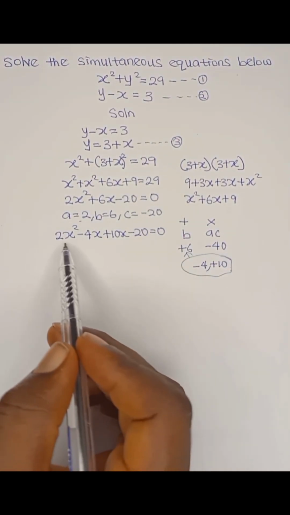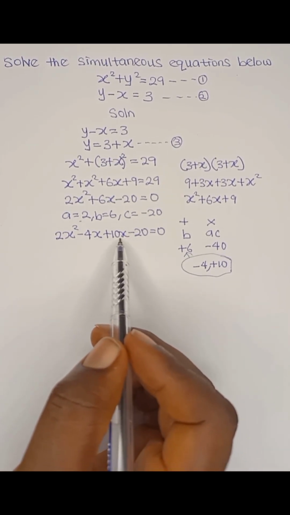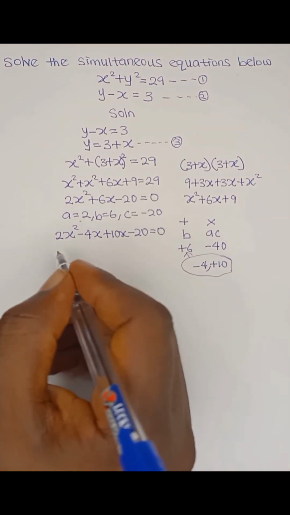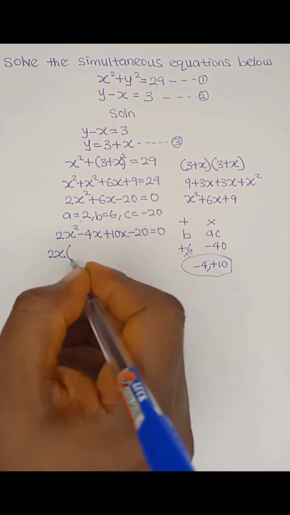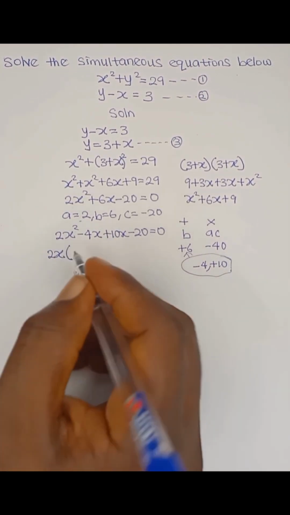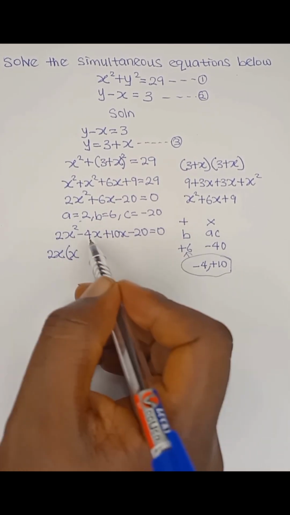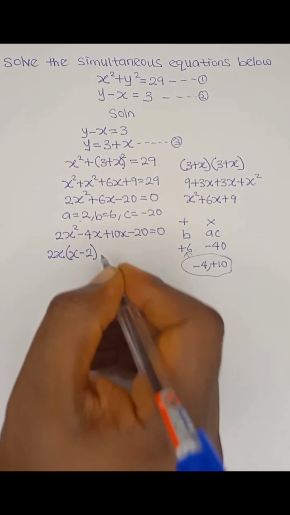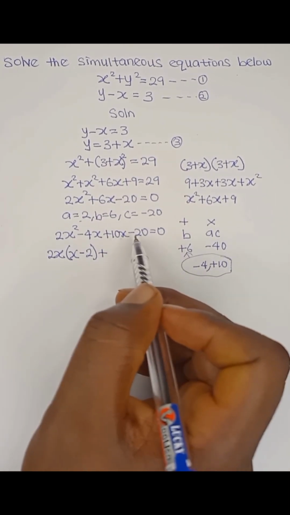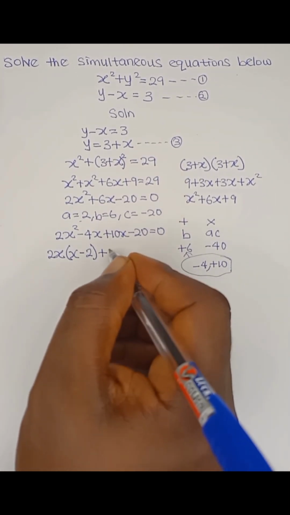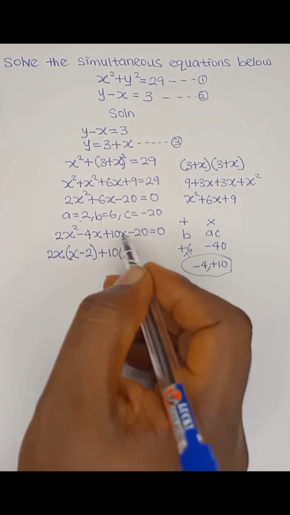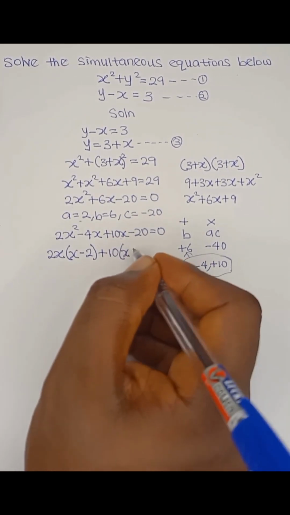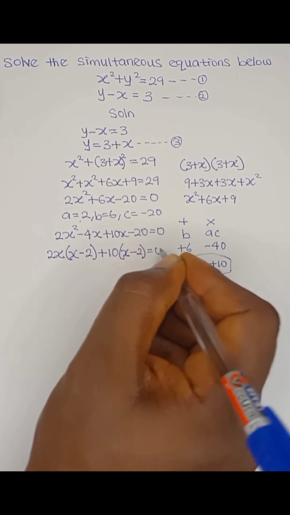Now we can factorize the first two terms together and the second two terms together. Looking at the first two, what is common? 2x is common. So we have 2x times (x minus 2), since 2x squared divided by 2x gives us x, and minus 4x divided by 2x gives us minus 2. For plus 10x and minus 20, what is common is 10. 10x divided by 10 gives us x, and minus 20 divided by 10 gives us minus 2. So we have (2x plus 10)(x minus 2) is equal to 0.